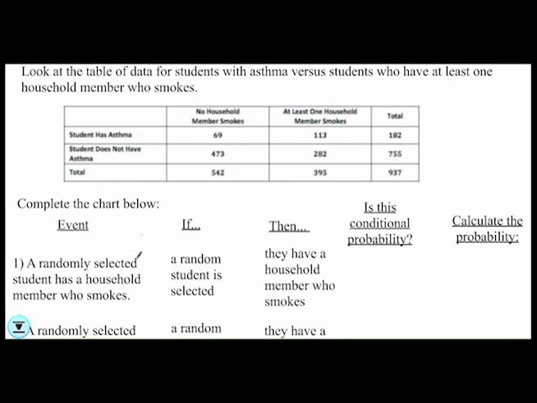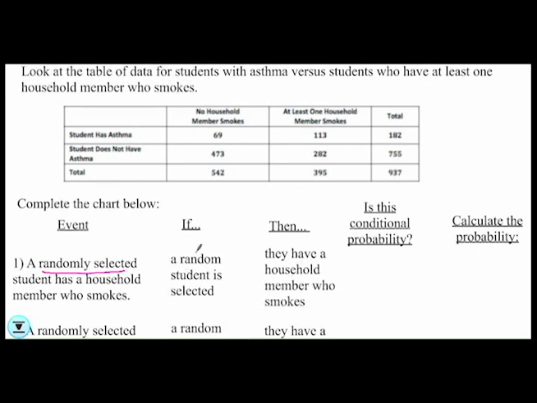For our first event, let's consider a randomly selected student has a household member who smokes. I like to think of these as if-then statements. If you think back on geometry, these logical conditional statements help me make sense of this information. If I'm given a random student, then I want to determine the probability of them having a household member who smokes.